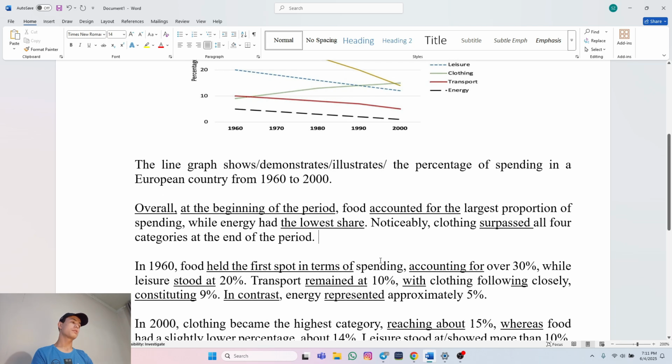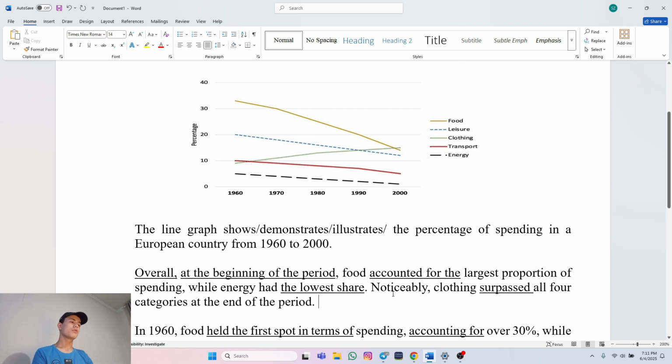And noticeably, I was about to give one more piece of information, writing noticeably or something like this. Interestingly or ironically, you can use all of them. It depends on your knowledge. And clothing, the green one.